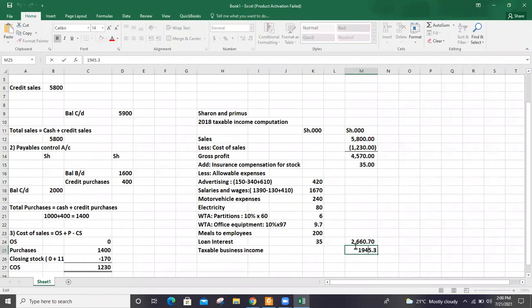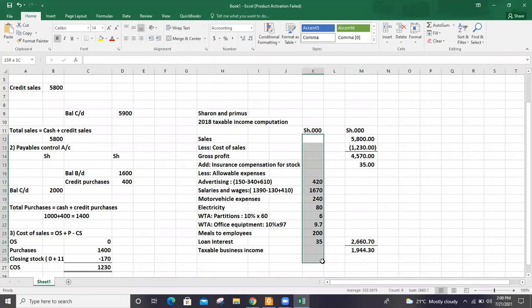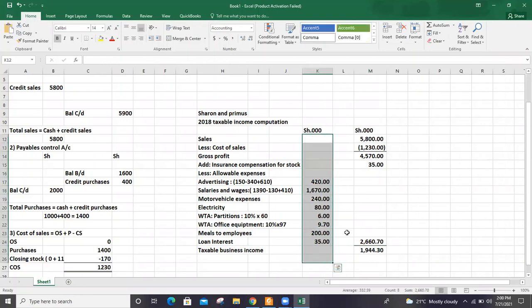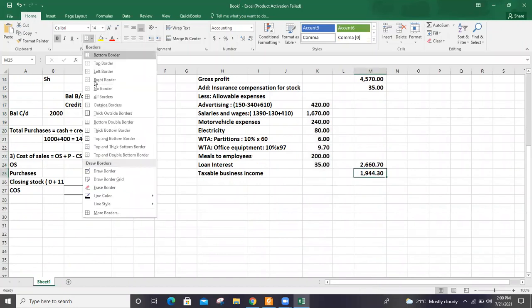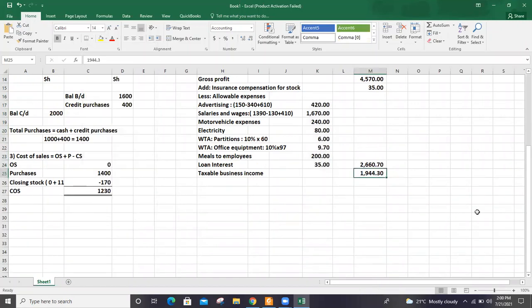So there we go. So can you take care of the allocation schedule?